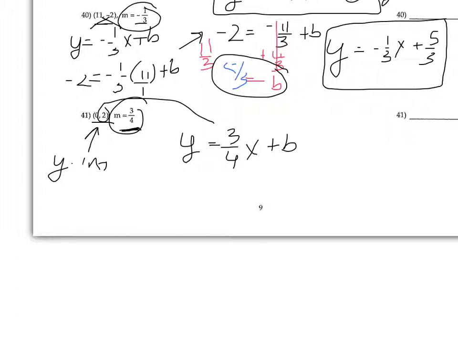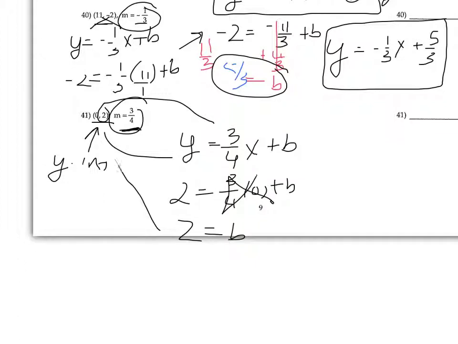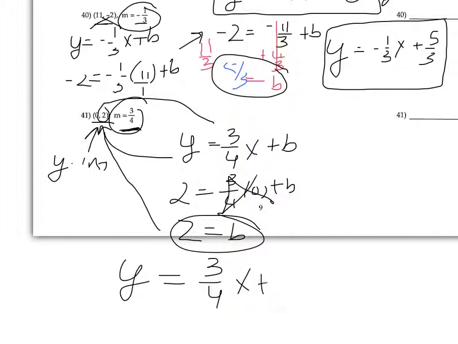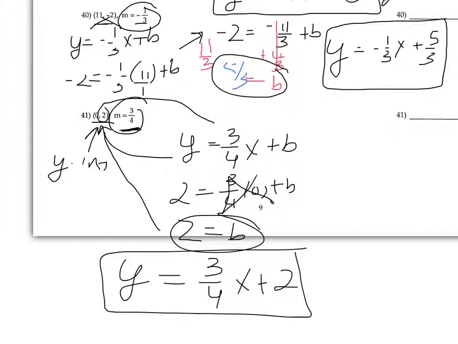Plug these values in to solve. So plugging 2 in for y, we get 2 equals 3/4 times 0 plus b. Well, 3/4 times 0 is 0, so we get 2 equals b, just like we saw up here. So we have our b, we have our m, plug them in. y equals 3/4 x plus 2. And this right there is the equation of the line.